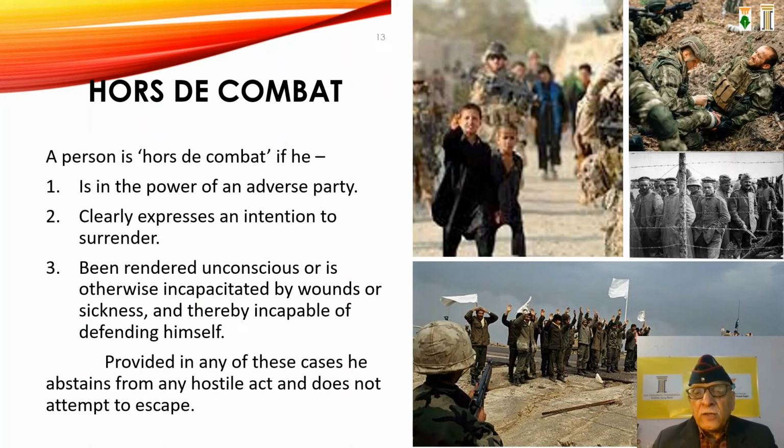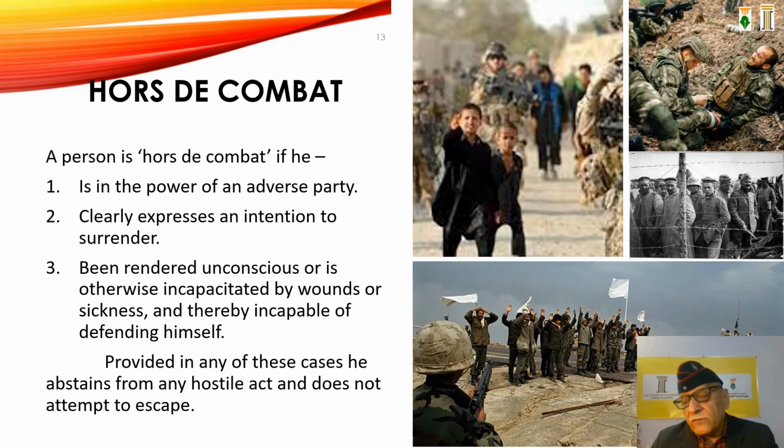In IHL, very frequently one would hear the term hors de combat, and a person is said to be hors de combat. This term is used for those who may be in the power of an adverse party, meaning, for example, a prisoner of war who is held captive by the other side, or someone who clearly expresses an intention to surrender, for example, shows a white flag.